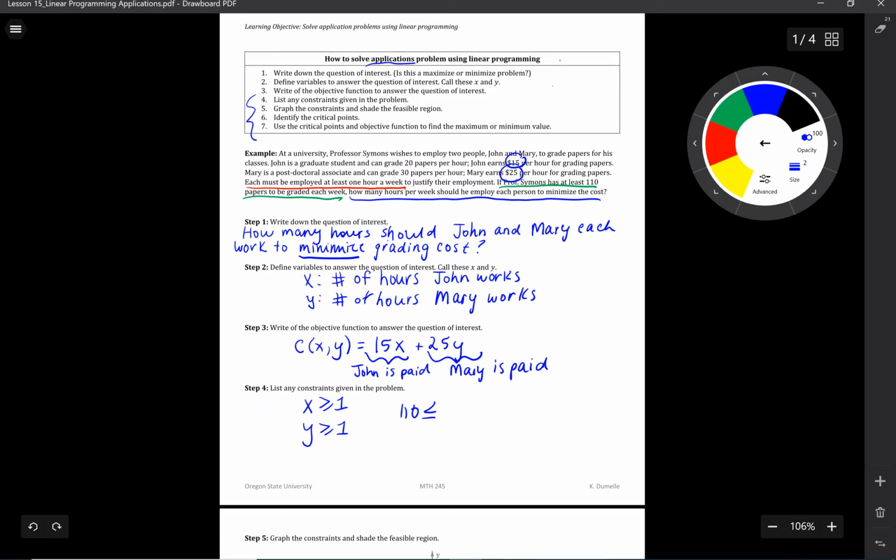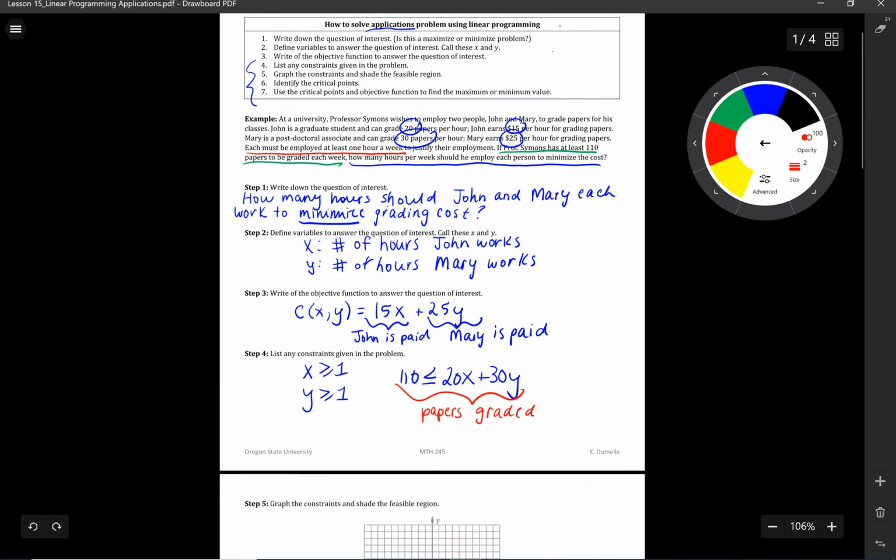And I know that if John works a number of hours, he can grade 20 papers per hour. And if Mary works a certain number of hours, she can grade 30 papers per hour. So this equation is papers graded, which looks a little similar to our objective function. So it's important that we keep these straight.